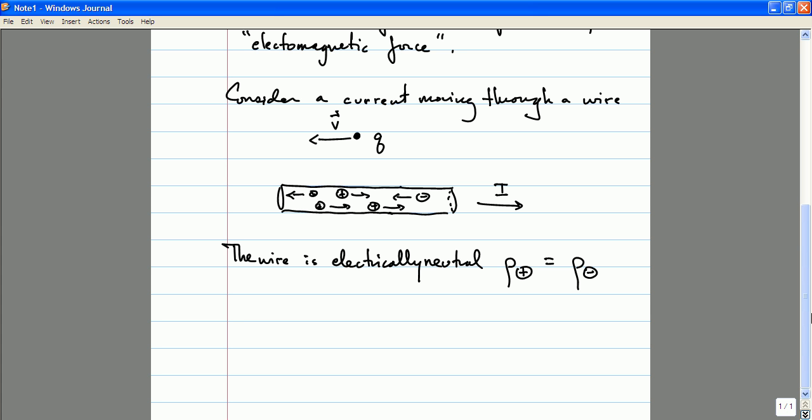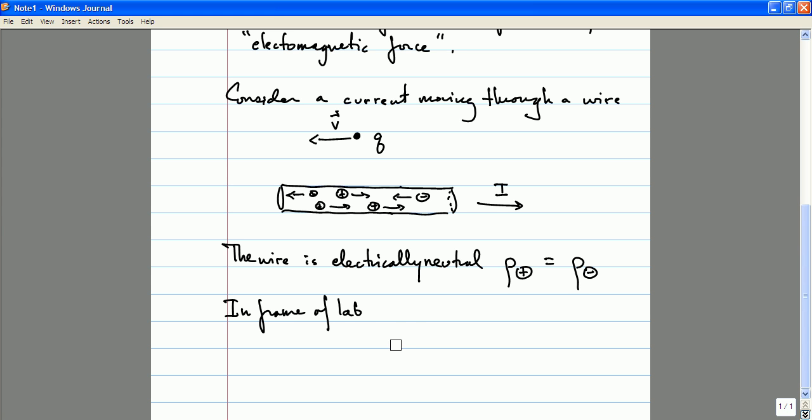Let's first analyze this in the frame of the lab, where the wire is electrically neutral and the particle is moving with some velocity v.